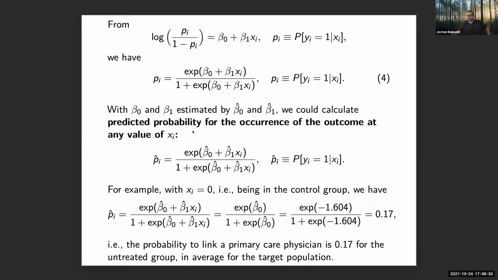In the context of the HELP RCT data, it's the probability to link to primary care in the untreated group, no treatment. This is the baseline, your untreated, naive kind of population. This is the interpretation of the intercept, where xi is 0.